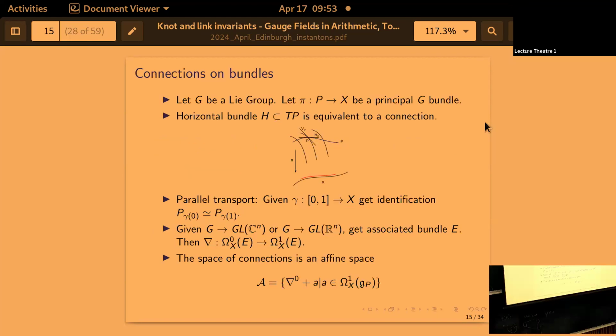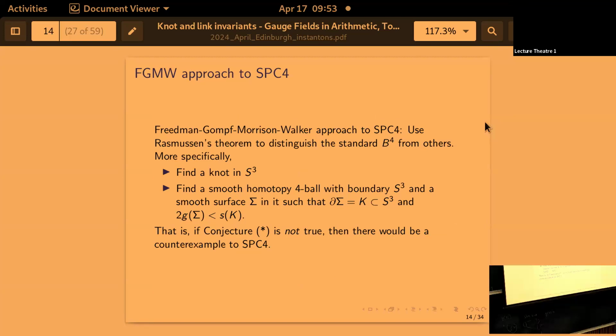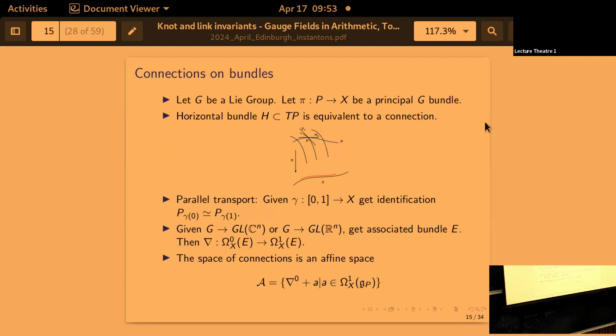Now I'm going to talk about the instanton version of all of this. Just a quick overview of instantons. We're going to be talking about connections in bundles, principal G bundles, where G is going to be SU2. I don't know why I wrote G in general, but it's SU2. If you have a principal G bundle over a 3 or 4 dimensional manifold, I'm writing the 4-dimensional case.